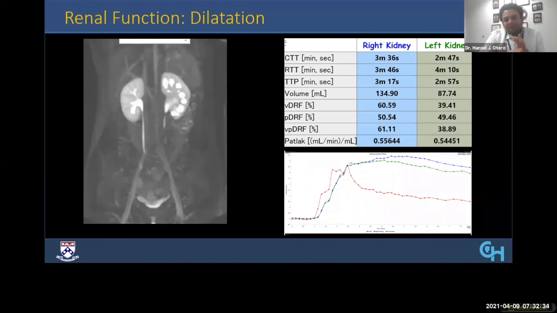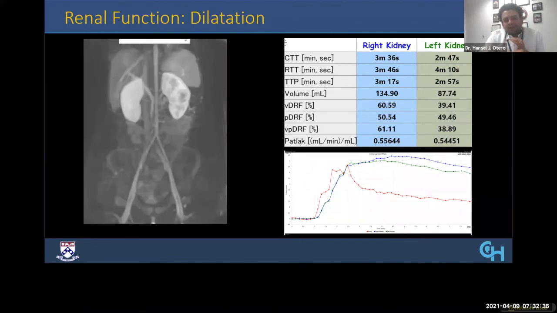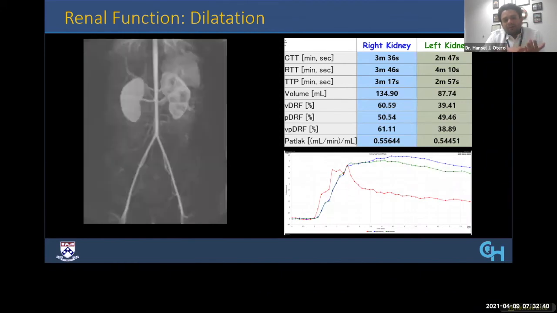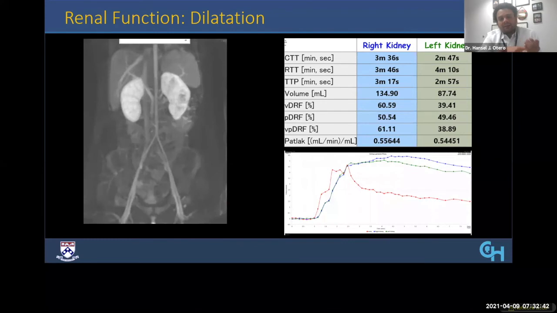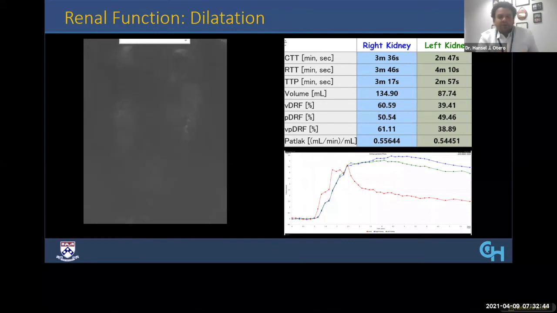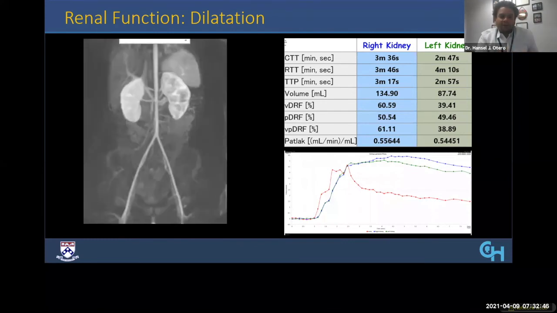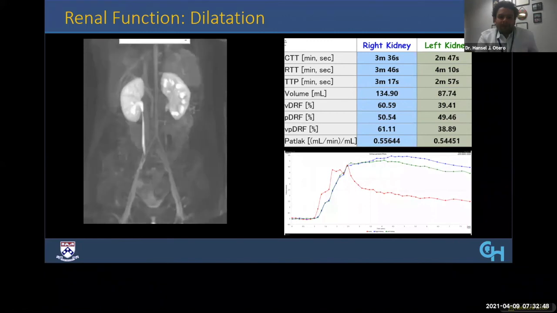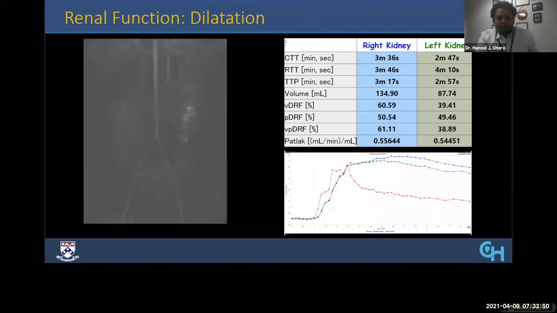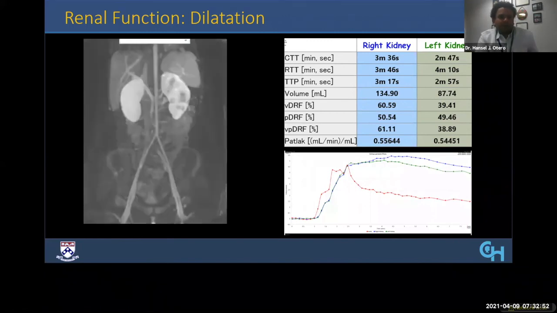And then we talk about nuclear medicine and why we do renal functional imaging, and how we can replace functional imaging with nuclear medicine by doing MR urography, functional MR urography.